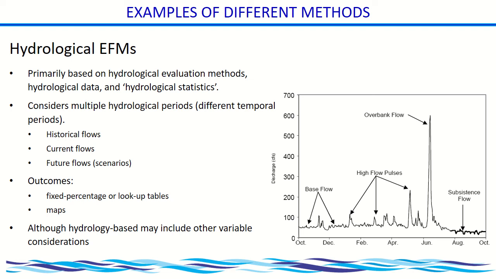When you do a lot of your statistics on how flows have changed, whether you've had a dry period or whether you've had a wet period, or what does it look like if you have floods, that's all hydrology. And hydrological environmental flow assessment methods use those statistics alone. The outcomes are usually percentage or lookup tables and maps, although hydrological based methods may include other variable considerations.